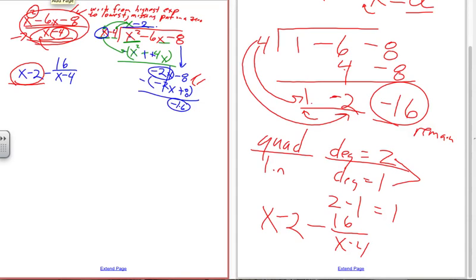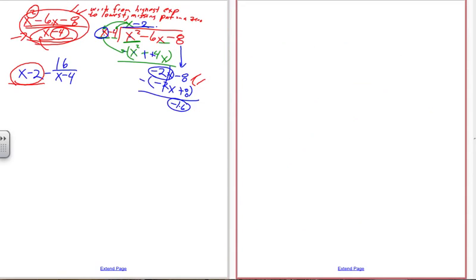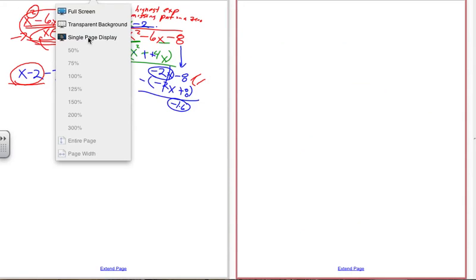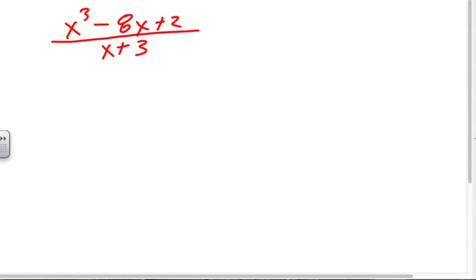It can't be anything other than x, can't be x squared, and you're adding and subtracting some number like that. So let's look at another example here: x cubed minus 8x plus 2 over x plus 3. I'm going to do this both ways, both long and with synthetic.